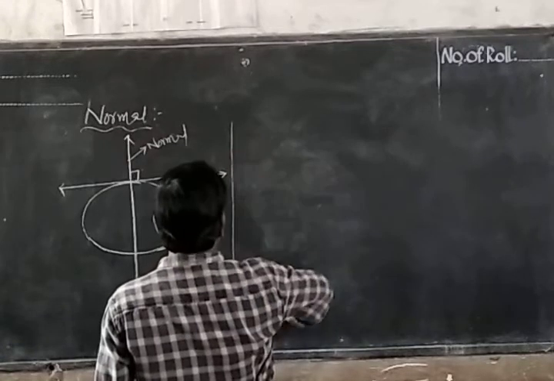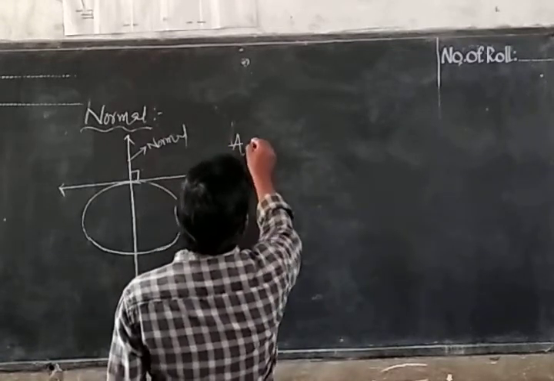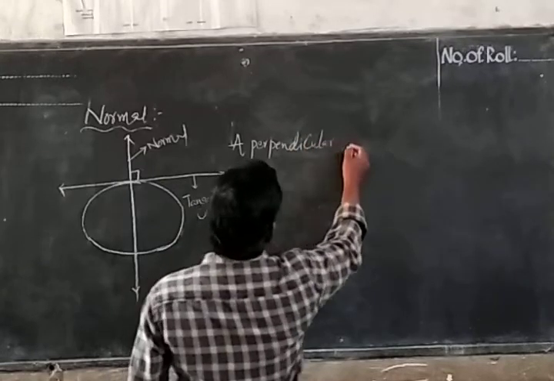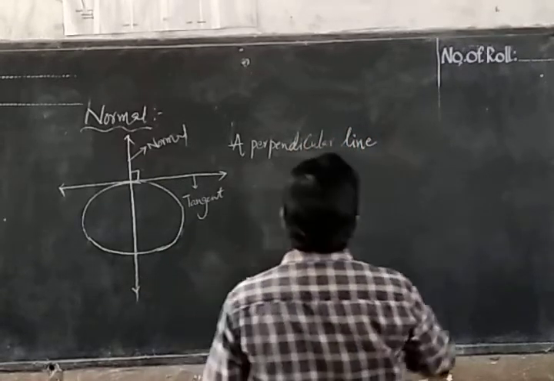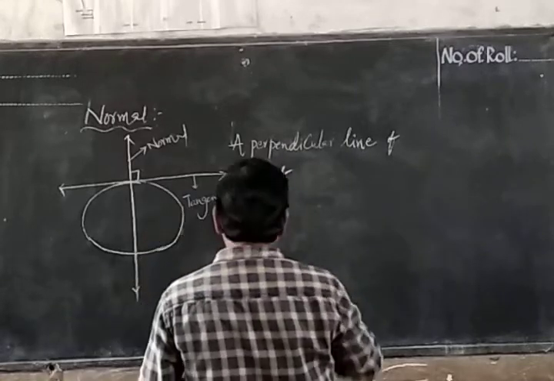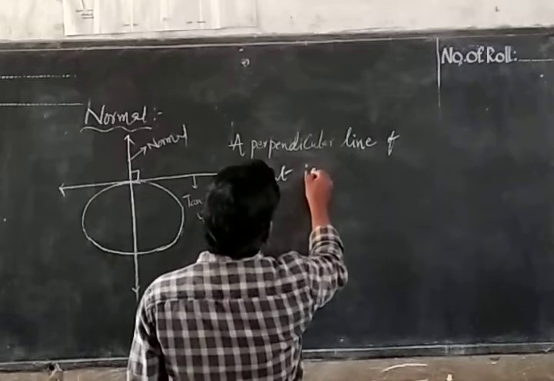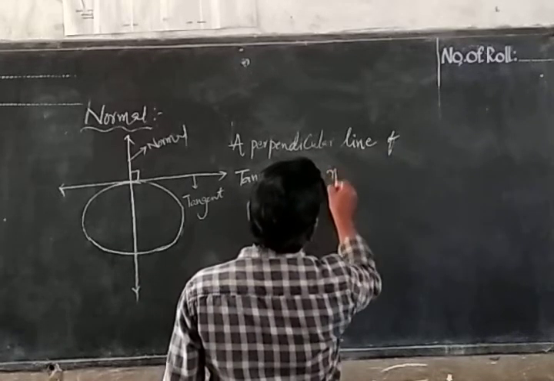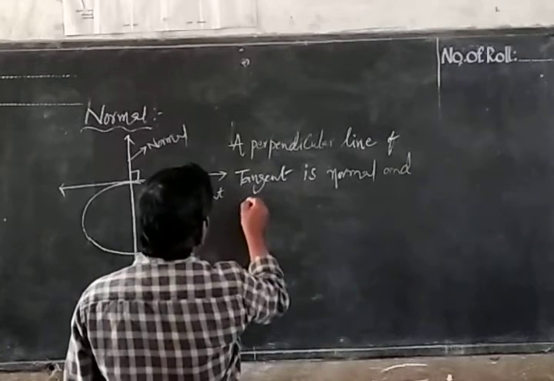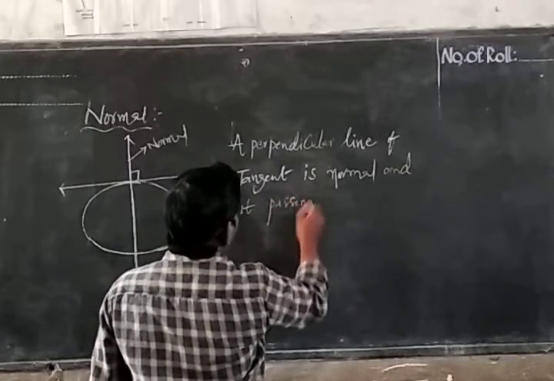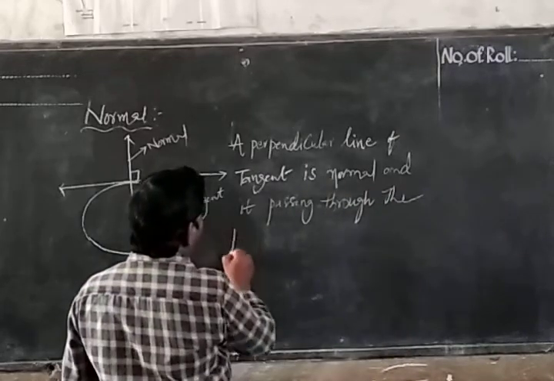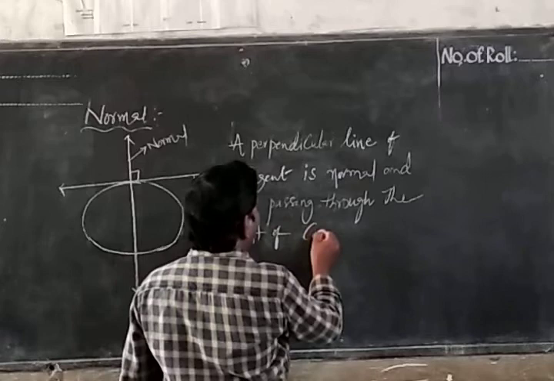A perpendicular line of the tangent is called the normal, and it passes through the point of contact.